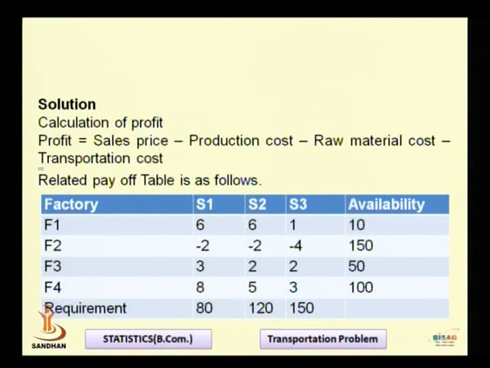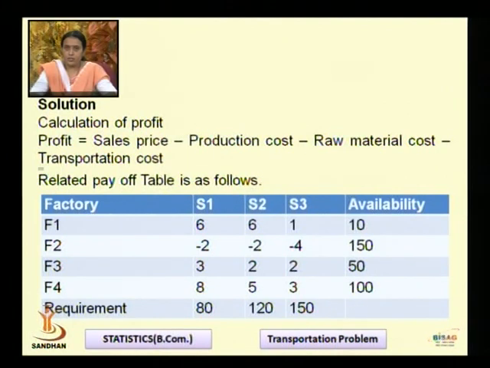Different sales department selling prices are given, production cost for factories, raw material cost from factories and transportation cost from different factories to sales departments are also given in the question. So the related payoff table for profit is 6, 6, 1, minus 2, minus 2, minus 4, 3, 2, 2, 8, 5, 3 with requirement and availability.